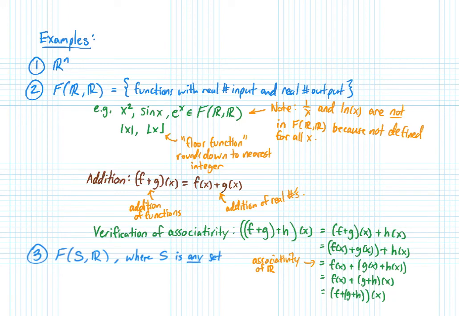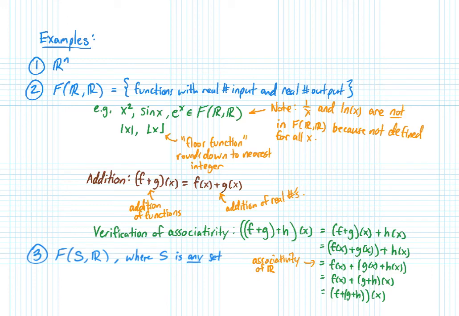And so actually there's a more general situation, which is F(S, R), where S can be any set. It doesn't even have to be a set of numbers. It could be like the set of students in the class, or the set of all books that have ever been written, or the set of movies that are on Netflix. And you could study the vector space of functions that take elements of that set as input and produce real numbers as output.